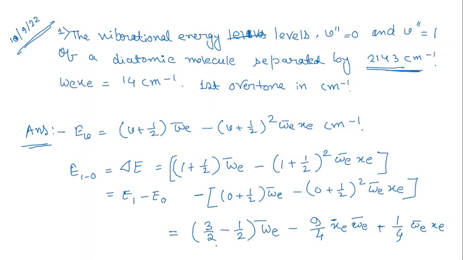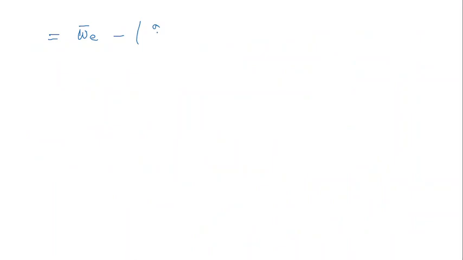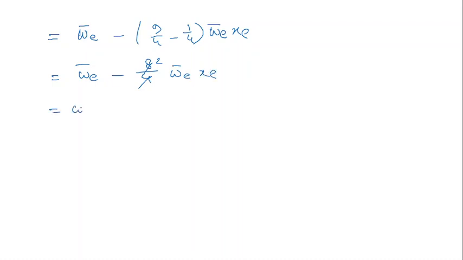Okay, now what will be the value? 3 by 2 minus half means 2 by 2, means 1, so omega e bar, minus this one, 9 by 4 minus 1 by 4, which is 8 by 4, so omega e bar minus 2 omega e bar xe.